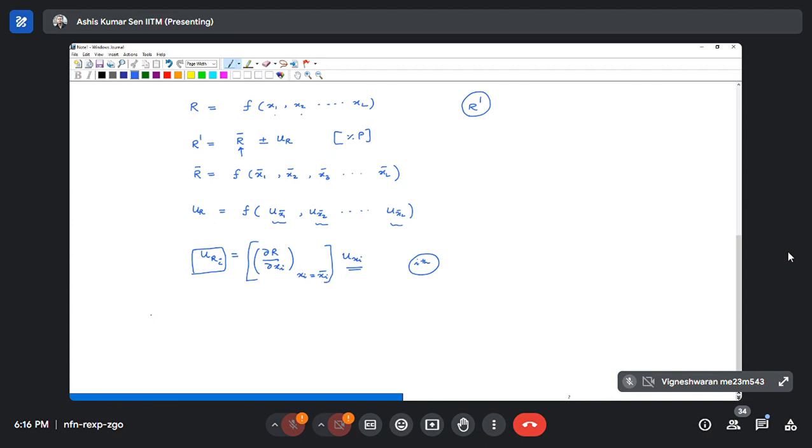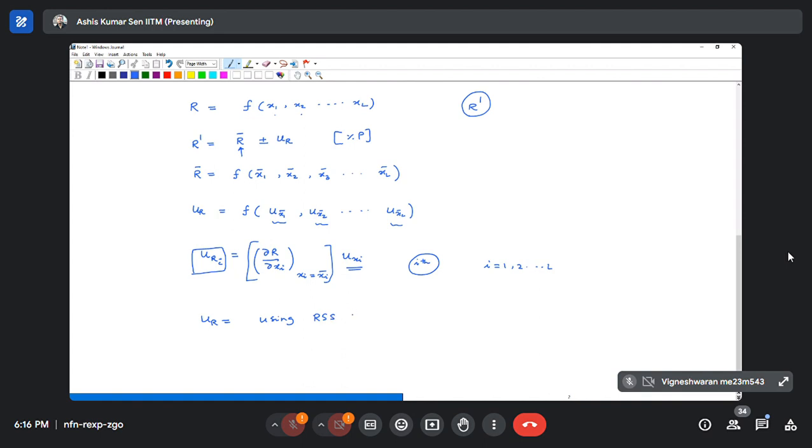Okay, so now we have many such, right? We have i equal to 1, 2 up to L. Okay. So how do we find UR? Okay. So one such approach is called the root sum square approach.